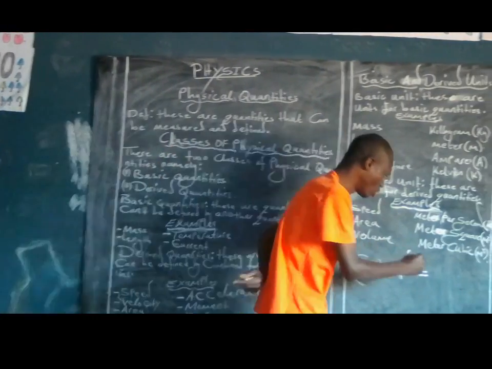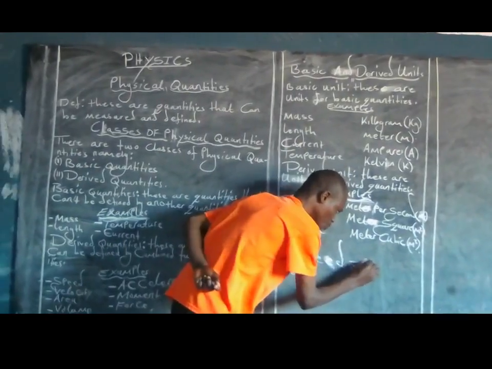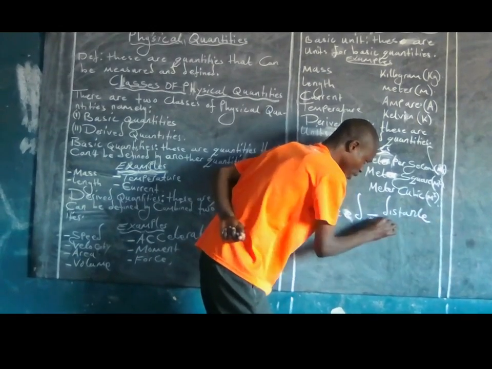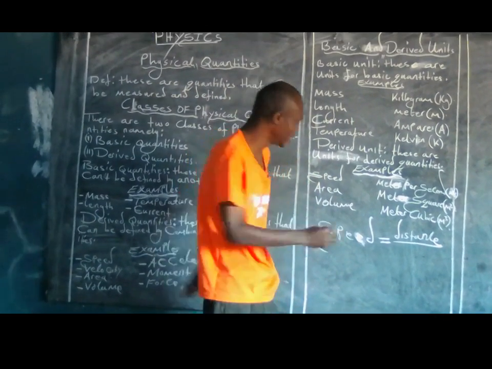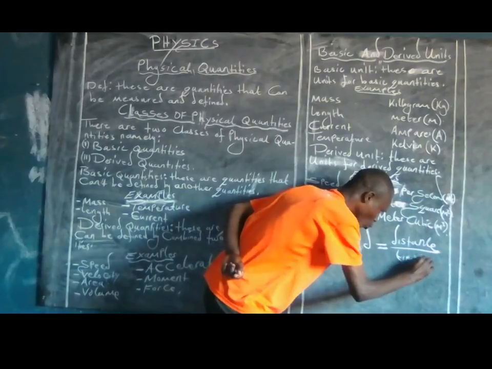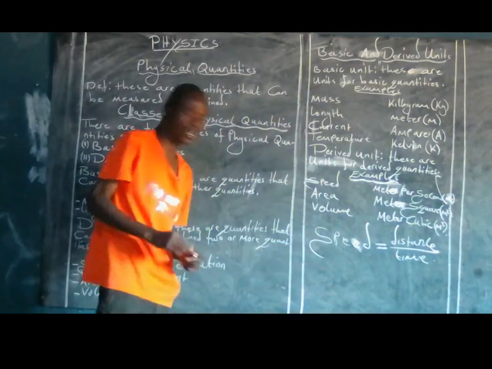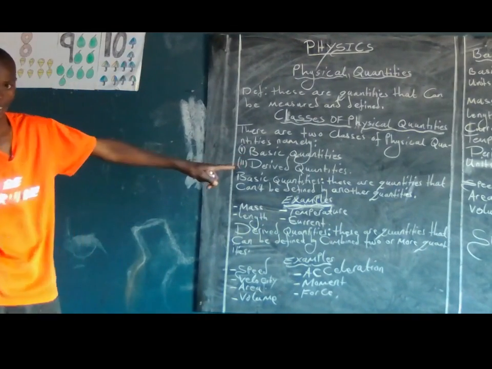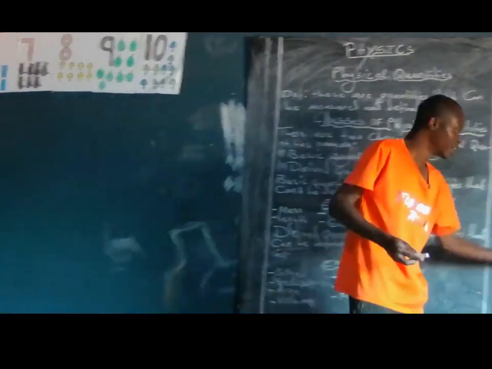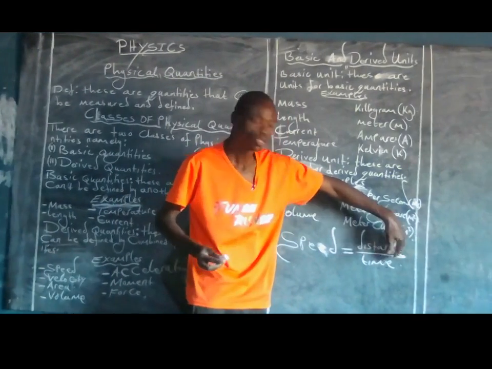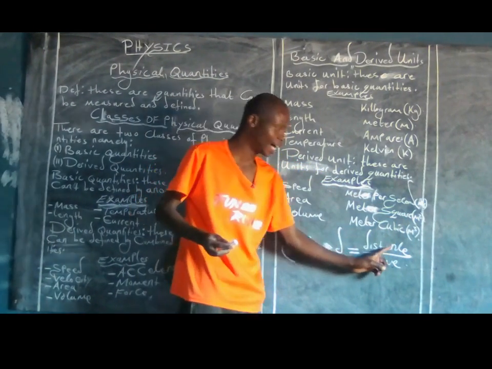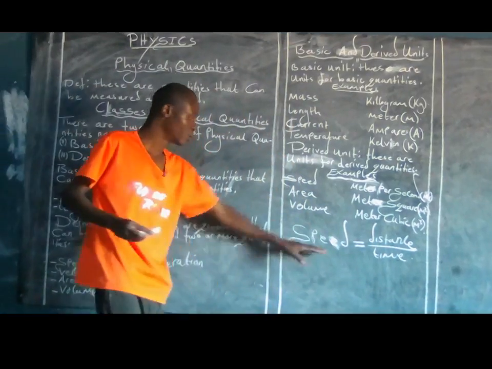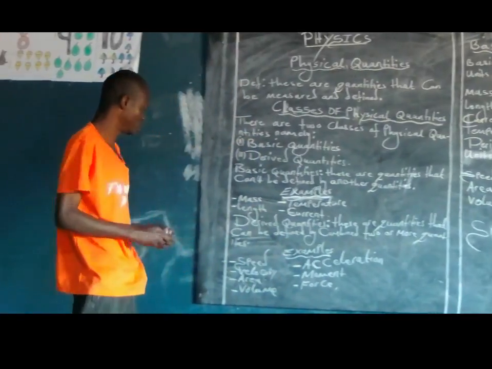What are they? It is a quantity named distance. Then when a distance is divided by a time, what we have is this derived quantity, speed. So speed is defined by combining two quantities which are distance and time.